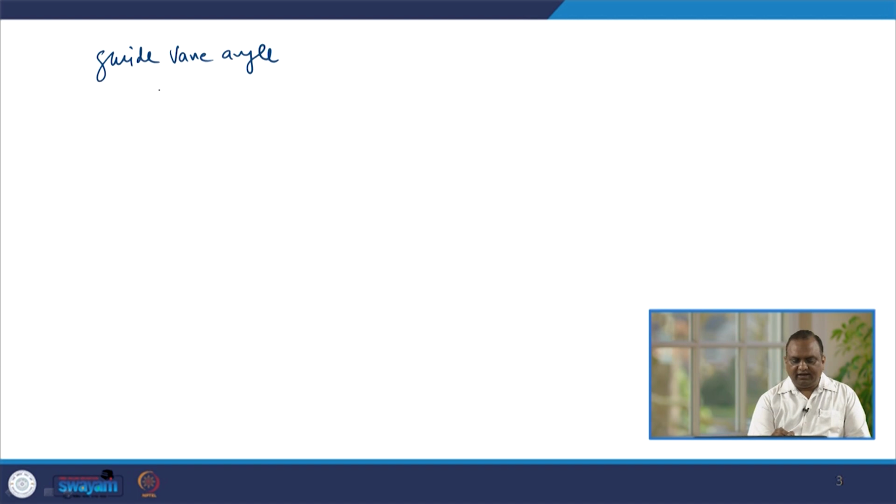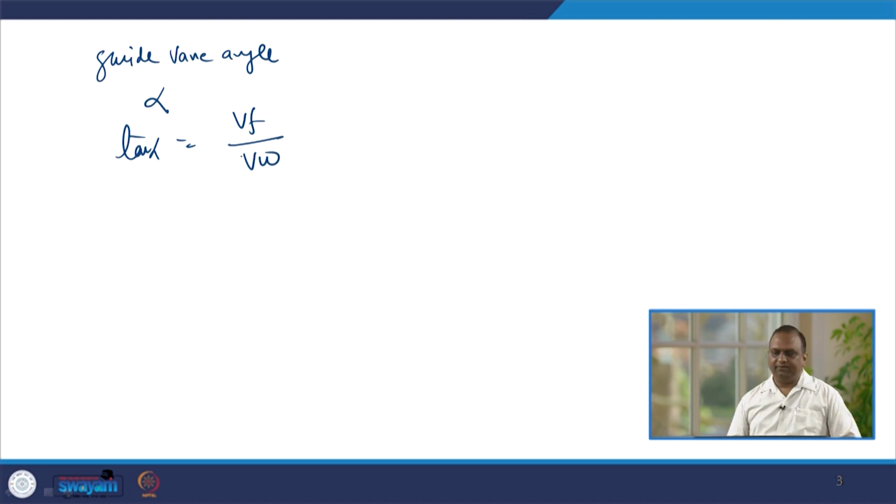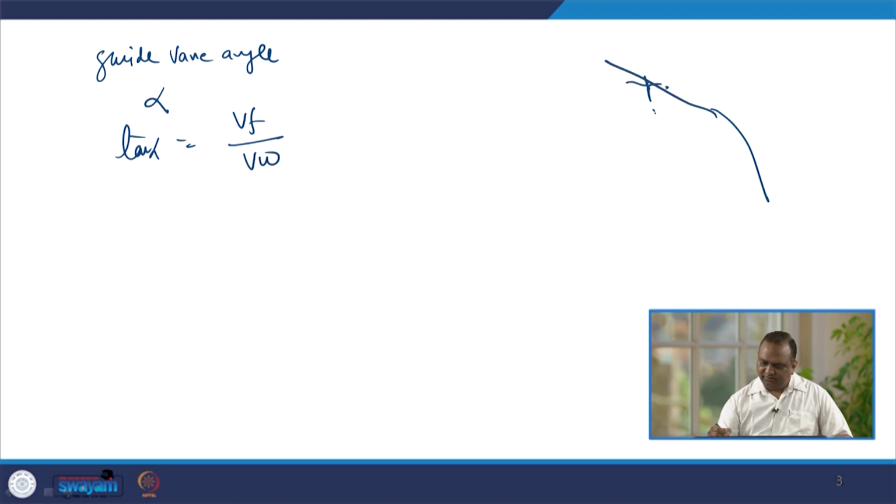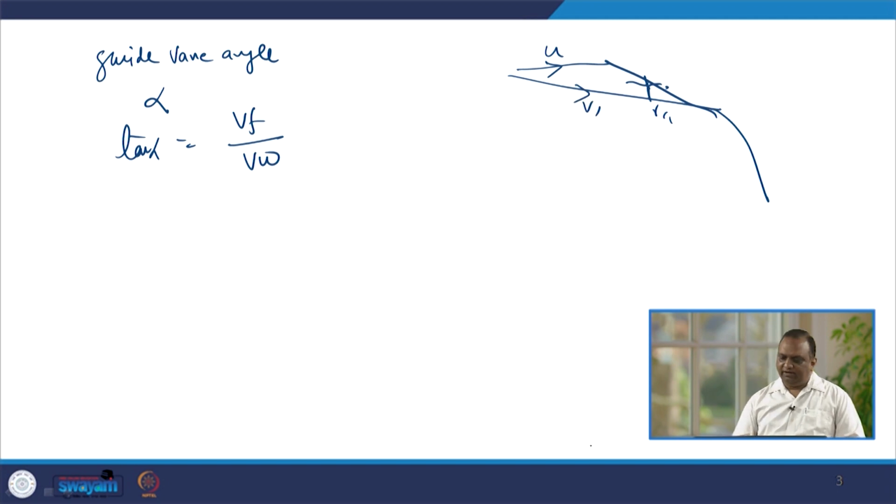Now, in order to find the guide vane angle alpha, tan alpha is equal to Vf by Vw. That can be taken from the inlet triangle, because at the inlet of the turbine, this is the vane, this is VR1, this is U, and this is V1, and this is alpha.